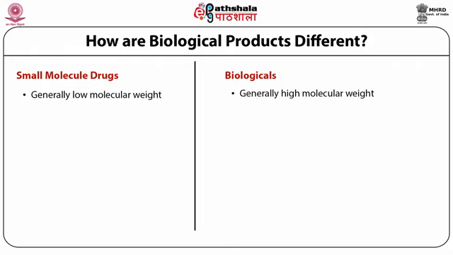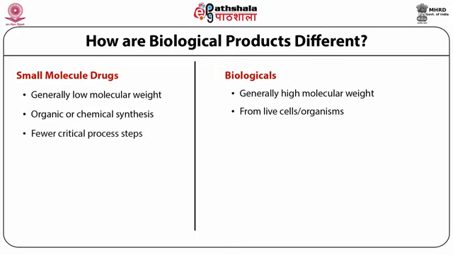Small molecule drugs are obtained by organic or chemical synthesis routes, whereas biological products are obtained from live cells or from microorganisms. Small molecule drugs are synthesized with very few critical process steps, whereas biologicals are obtained with many critical process steps through a complex process.